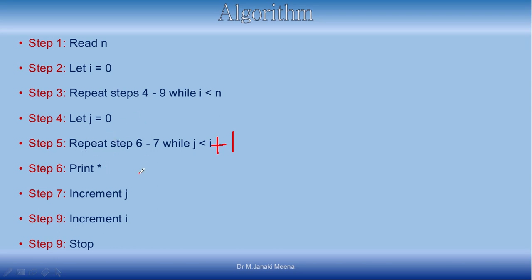So I am going to repeat steps 6 and 7 for j less than i plus 1 number of times. What I am going to do is print a star and increment j. This I will repeat for i number of times, and then this loop will get over and the outer loop will continue after incrementing i. The outer loop will go on for n times. This is the basic algorithm that we are going to implement now.